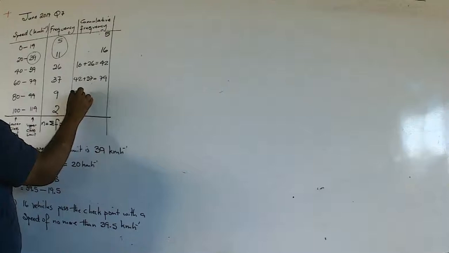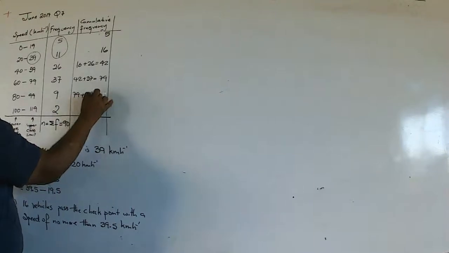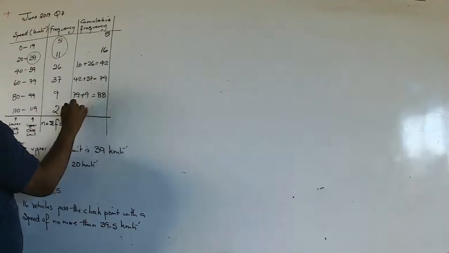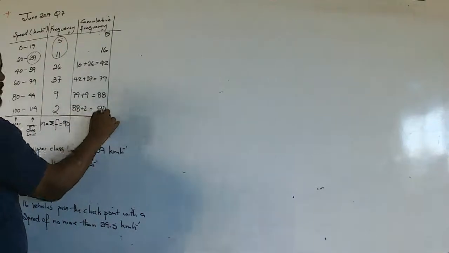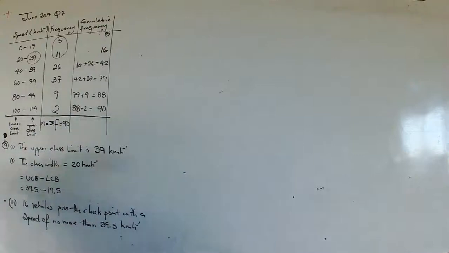Then 79 plus 9 is 88. And 88 plus 2 is 90. That is how you complete the cumulative frequency column.